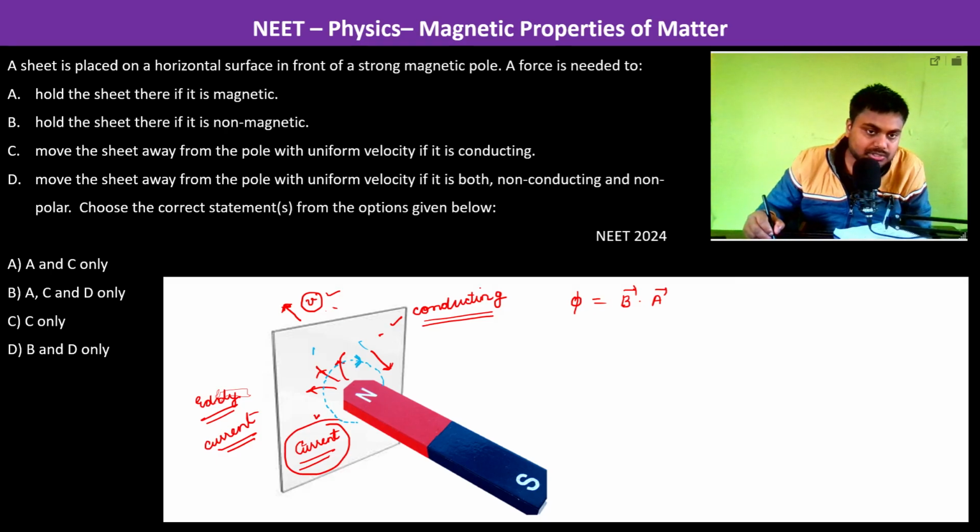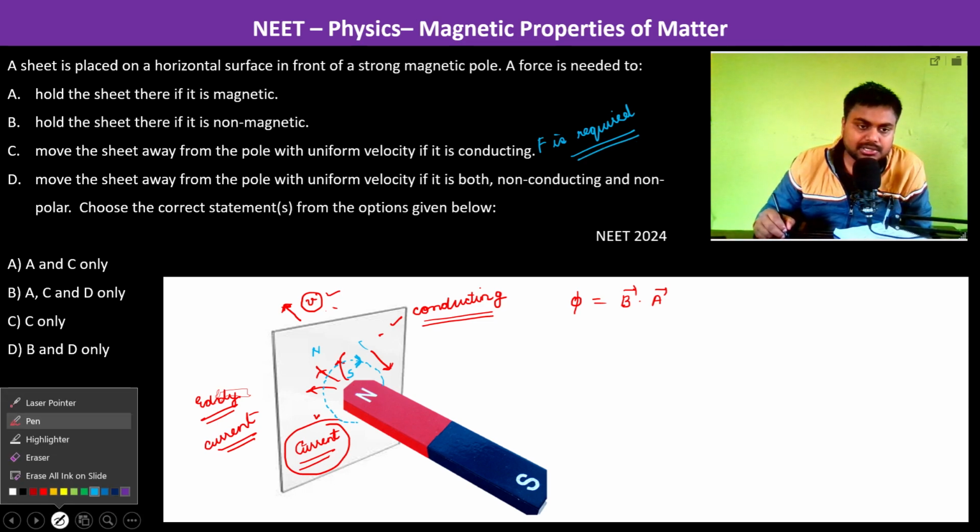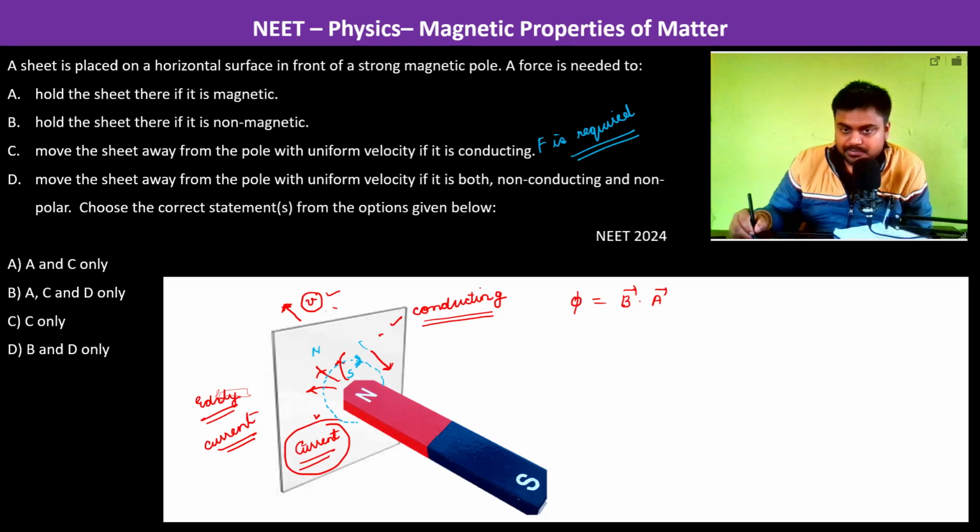Okay, so this is going to be north, this is going to be south, so therefore there is going to be attraction, and thus here also force is required to hold it.